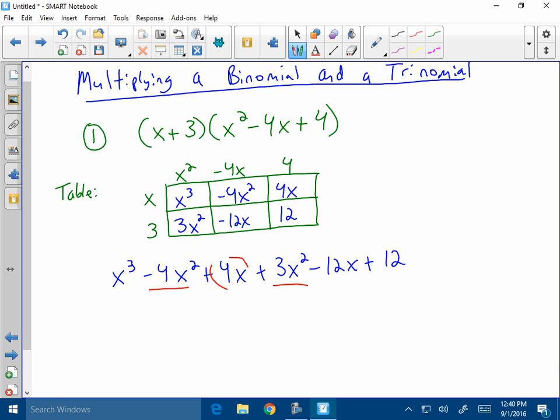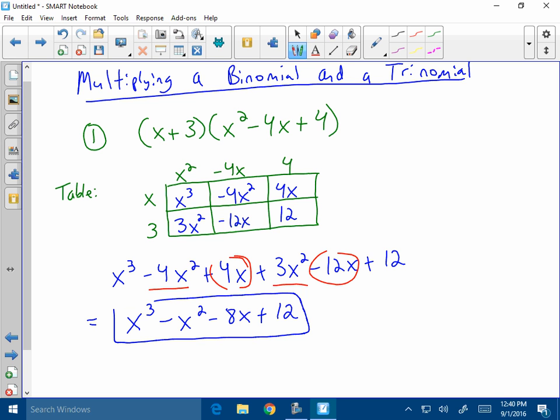The positive 4x can go with the negative 12x. So when we put that all together, I'm going to have x to the third, and negative 4x squared plus 3x squared leaves me with a negative x squared. Positive 4x and negative 12x is negative 8x. And then I've got my positive 12 to tack on the end.